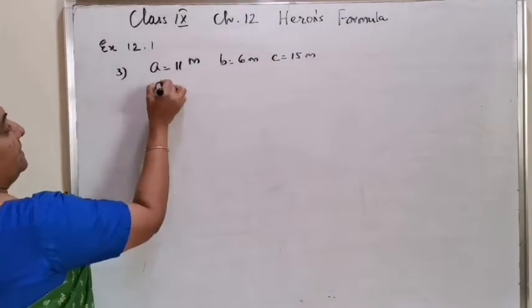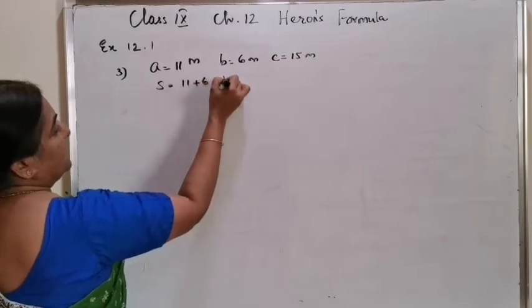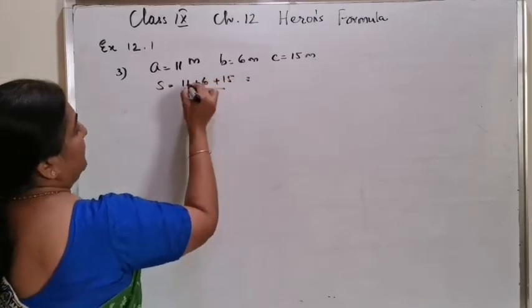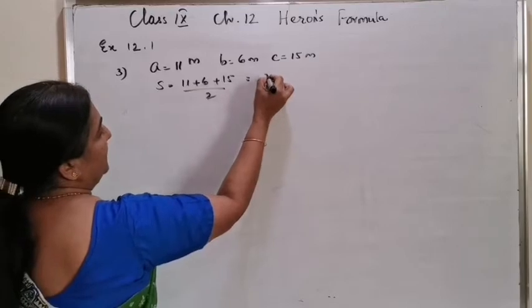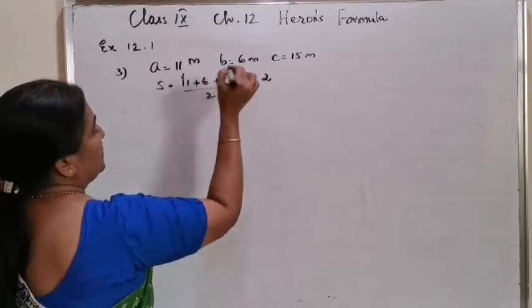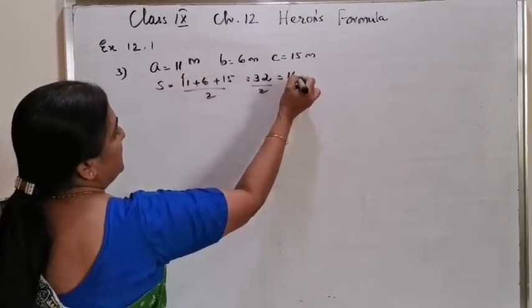So A is equal to 11 meter, B is equal to 6 meter and C is equal to 15 meter. S is equal to 11 plus 6 plus 15 by 2. 6 plus 11 is 17, 17 plus 15 is 32. 32 by 2 is 16.